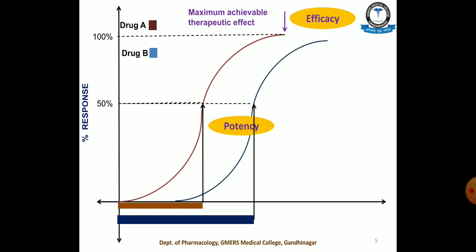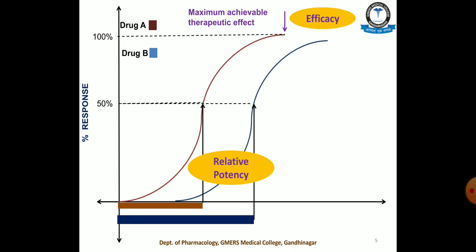It means that for producing the same response, the amount of drug B required is more as compared to drug A. So we can say that drug A is more potent as compared to drug B. And this is the concept of relative potency. It is clinically very important.